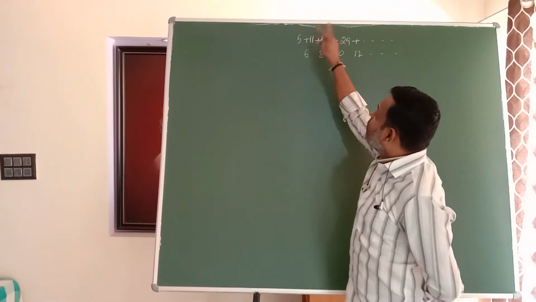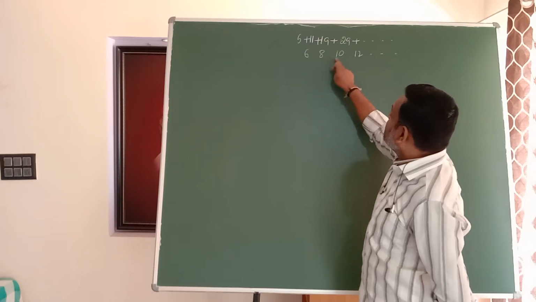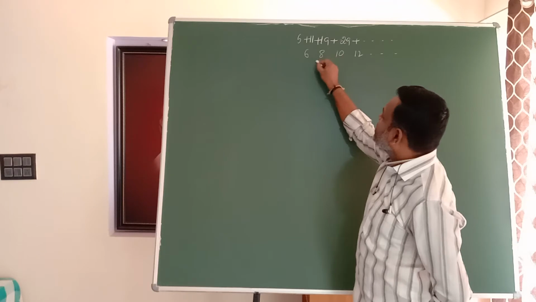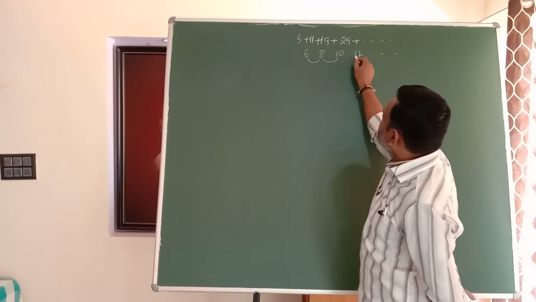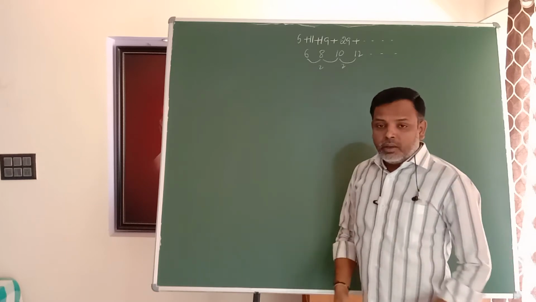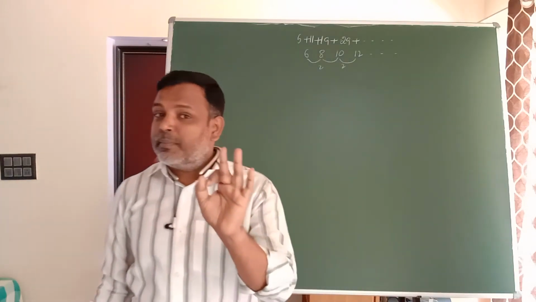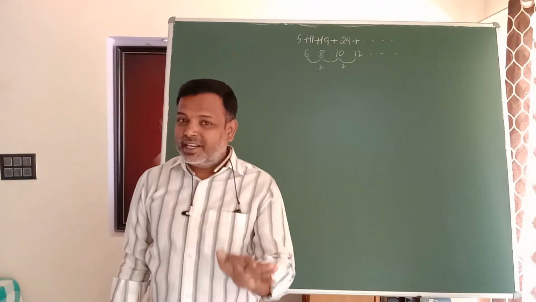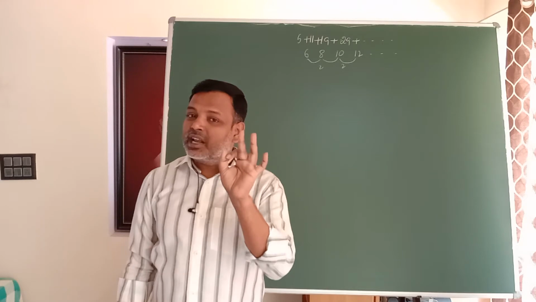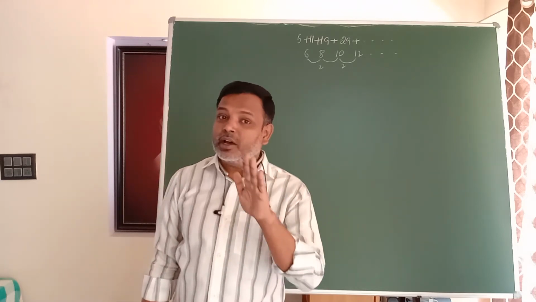The differences of every pair of succeeding and preceding terms form an AP. Look at this: here the difference is 2, here the difference is 2, here the difference is 2. Got my point? There is no common difference and no common ratio between the terms, so they do not belong to AP or GP.